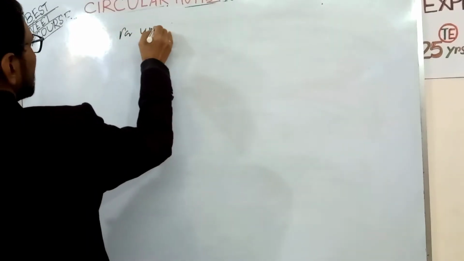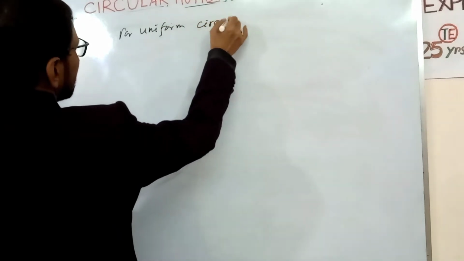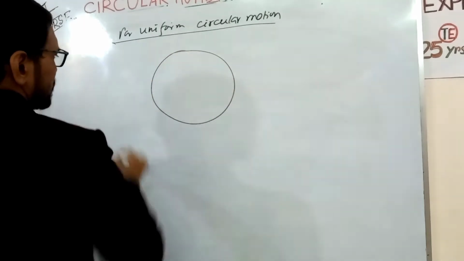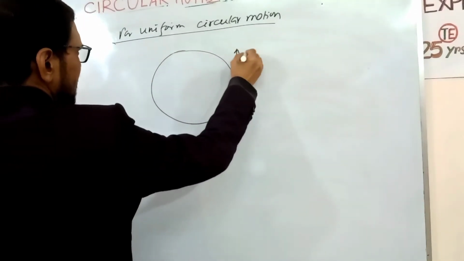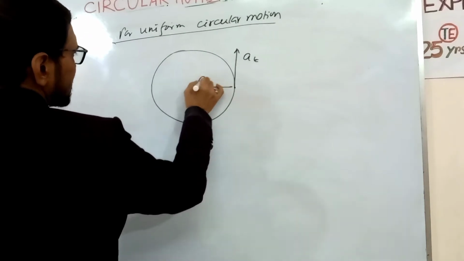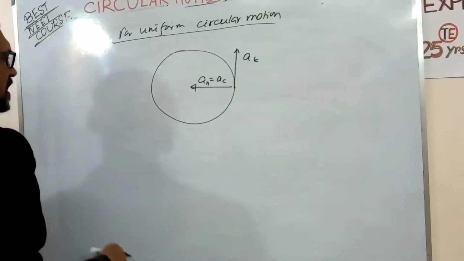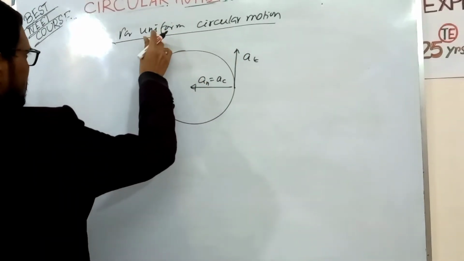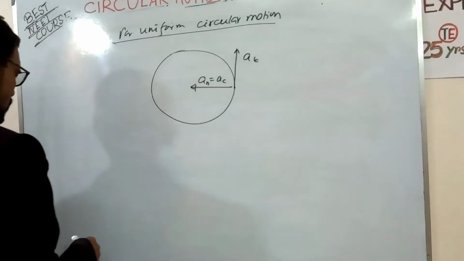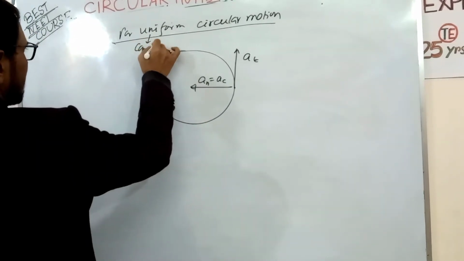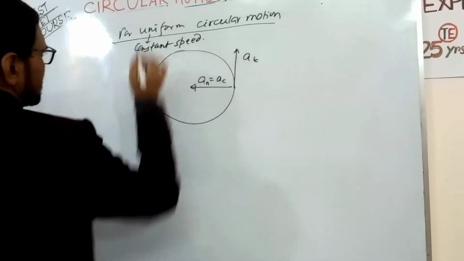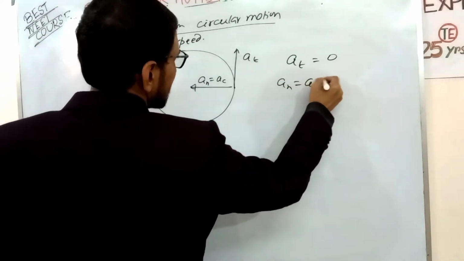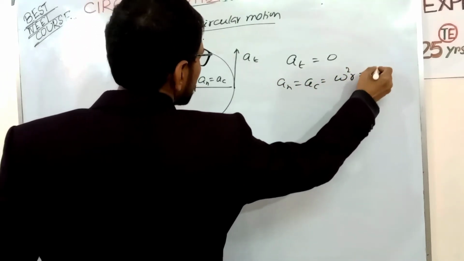For uniform circular motion, what is the tangential acceleration and what is the normal acceleration, an or centripetal acceleration, same things. For uniform circular motion, that is the body rotates with constant speed, at equal to 0, and an or ac has the value of omega square r or v square by r.